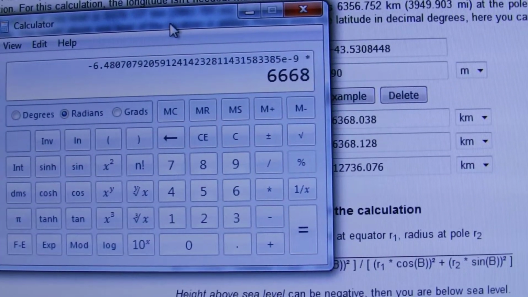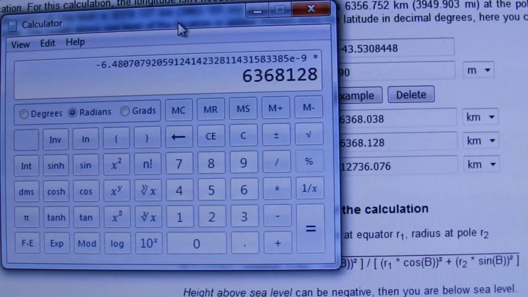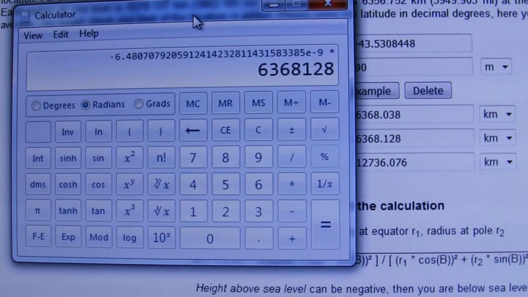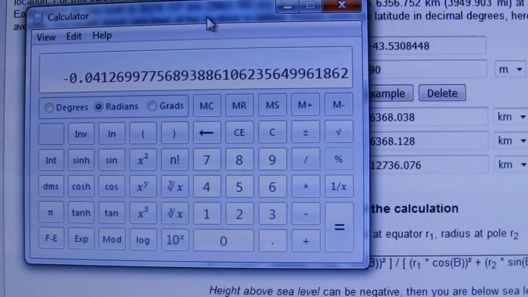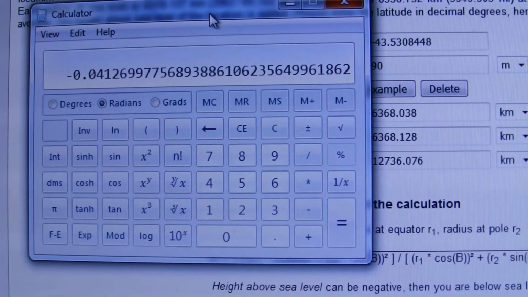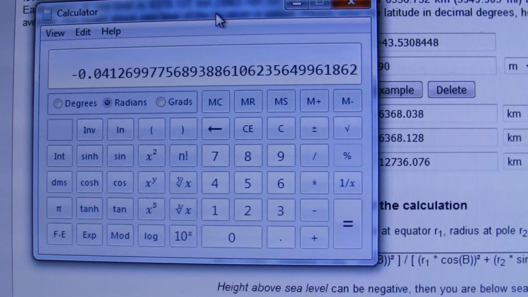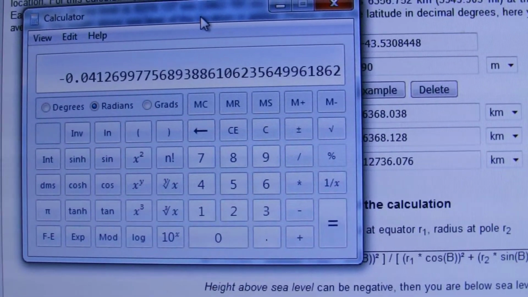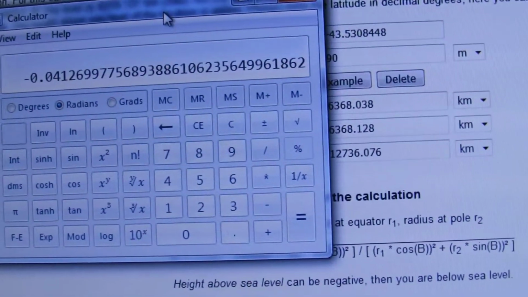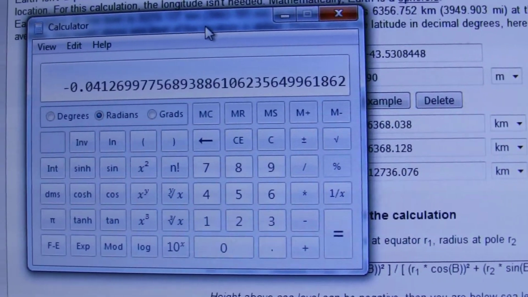It helps to type 3 in there. 6368128 is, there you go, 0.04127 meters. 41.27 millimeters lower at its far end, mind you, at its far end.